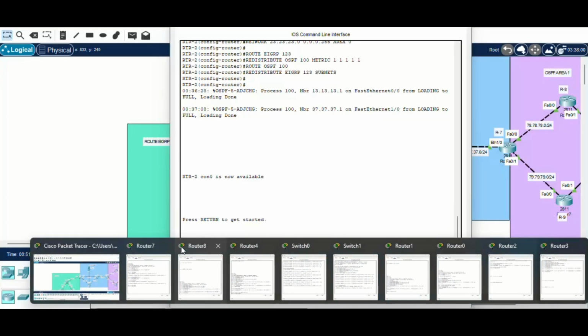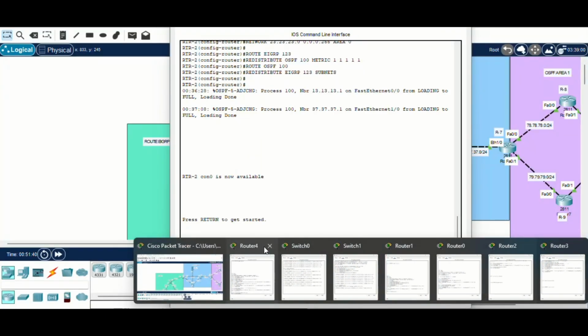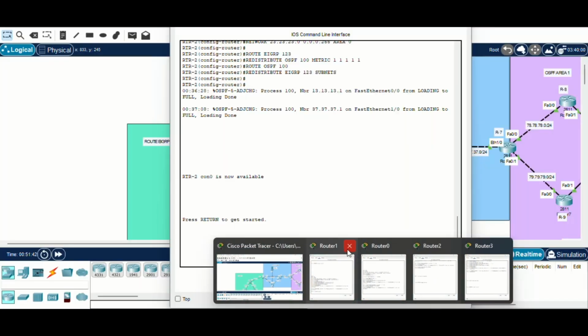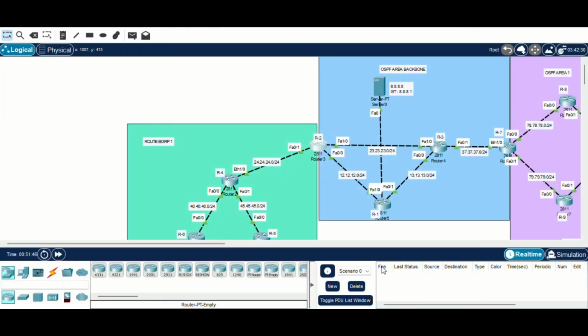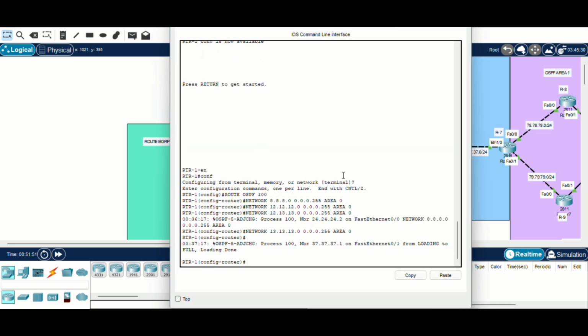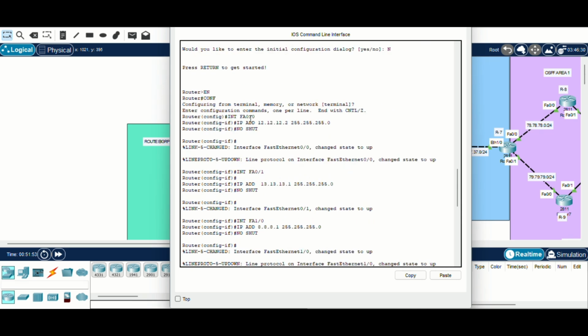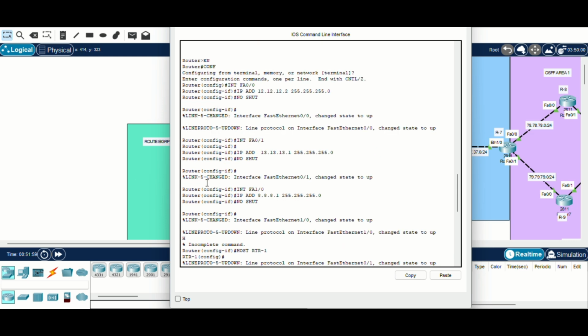Okay, close it first. After that, you go to router 1, this is the center. Make the IP: this IP connects to router 2, this IP connects to router 3, and this IP connects to the server.